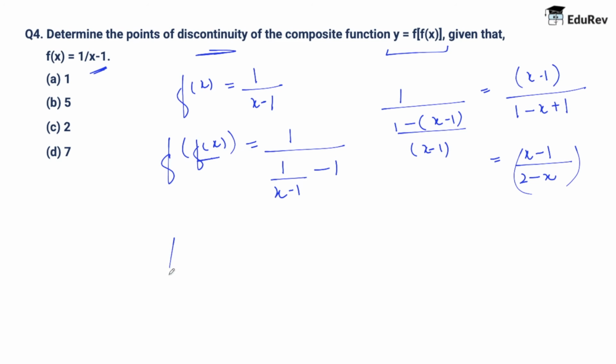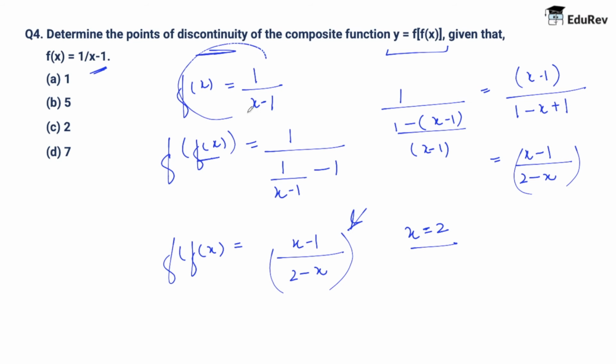So this is f of f of x, equal to x minus 1 upon 2 minus x. Now just see that in this function at x equals 2 there is going to be a discontinuity, because at x equals 2 the denominator is going to be 0. So it will be what? It will be not defined.